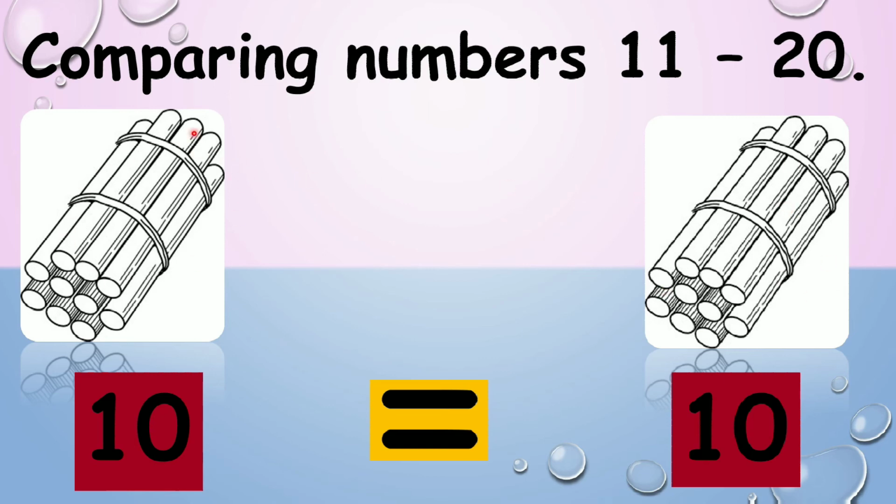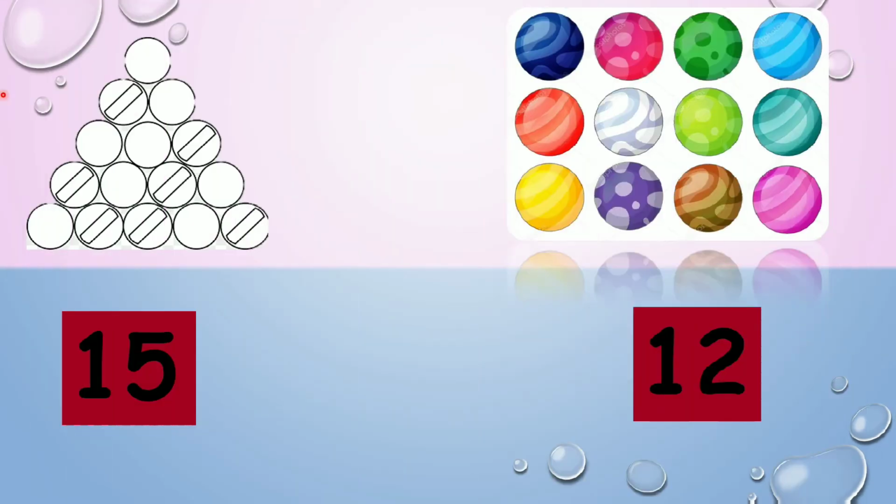Meaning this bundle is equal to this bundle. That was example 1 concerning comparing numbers. Now, let's look at our example 2.